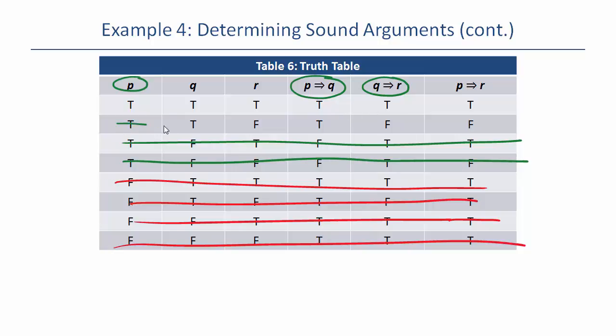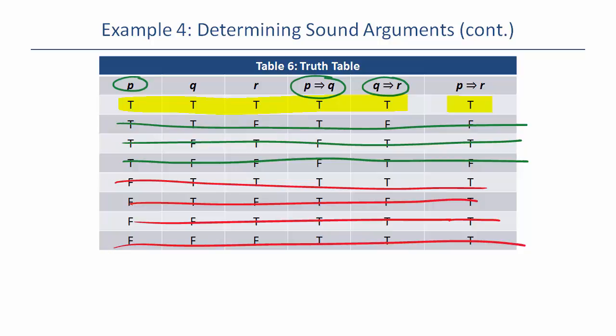Then we can eliminate this one because that's where that one's false. And we can see that the top row is the only place where those 3 statements are all in fact true, which leaves us with only one option for P implies R, which is true, which means R has to be true. Because if P implies R is true and P is given to be true, then we know R is true. But really, we also just get that from the table. This is the only row left, and in that row, R is true.